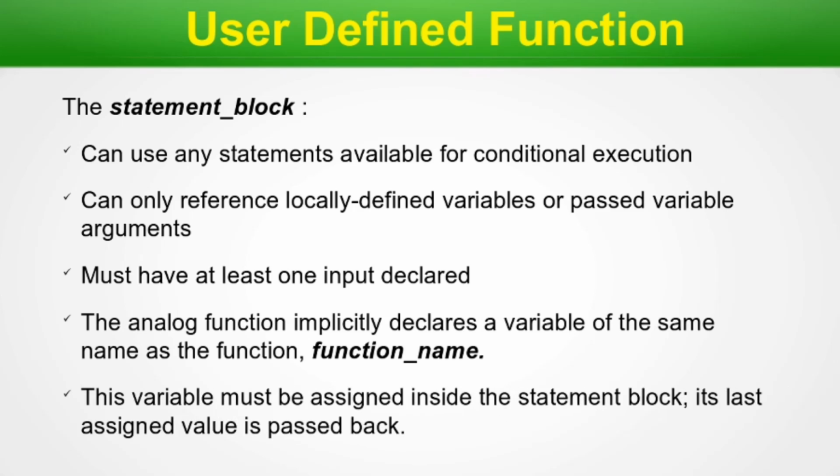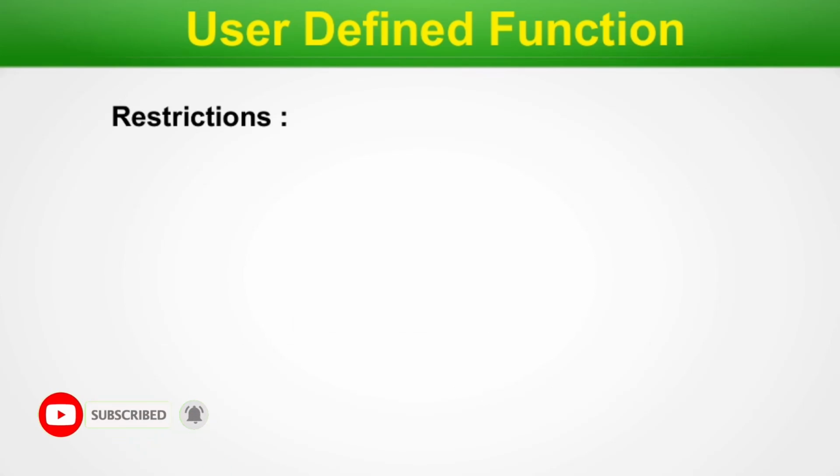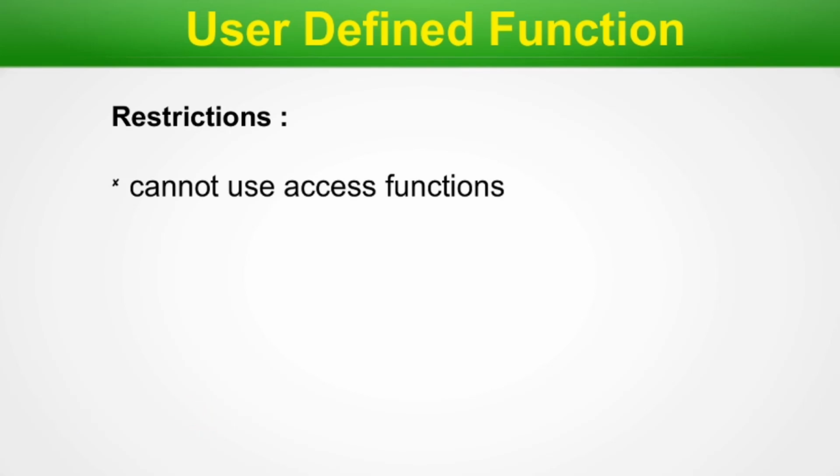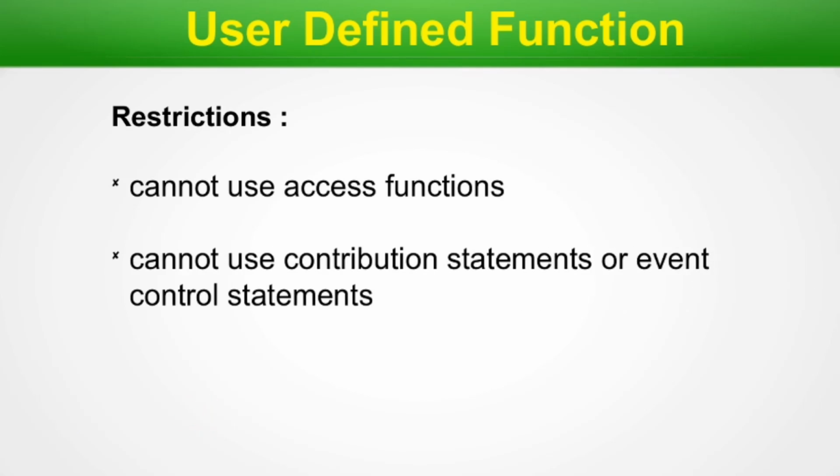This variable must be assigned inside the statement block. Its last assigned value will be passed back. This will be the return value. We have restrictions also. We cannot use access functions, cannot use contribution statements or event control statements. We cannot use any named blocks.